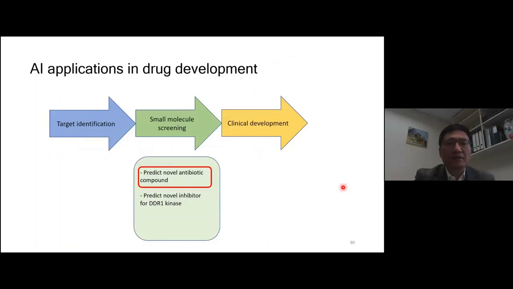So we will know what the potential drug targets of the protein are, and then we can predict the potential binding of a small molecule with the small molecule data bank, or we can even use virtual screening.